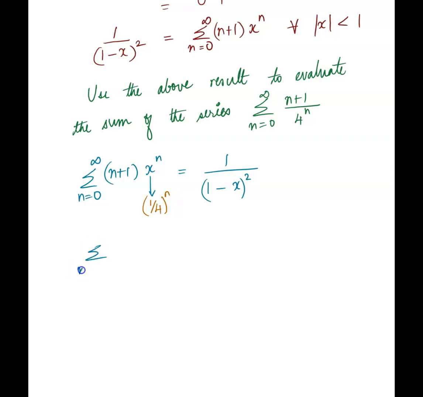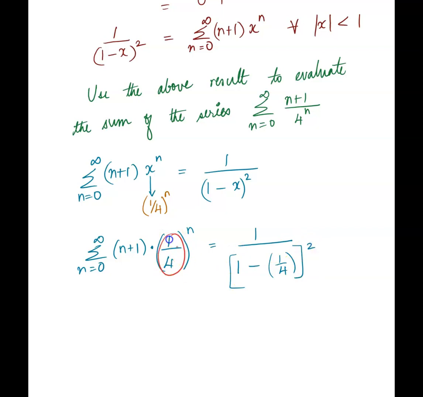So then, if I had the summation from n equals 0 to infinity of n plus 1 times 1 over 4 power n, this 1 over 4 power n can be written as 1 over 4 the whole thing power n, so that it matches with the x. Whatever is in the place of x has to be matched here. So in the place of x, I now have 1 over 4, and that has to be squared.